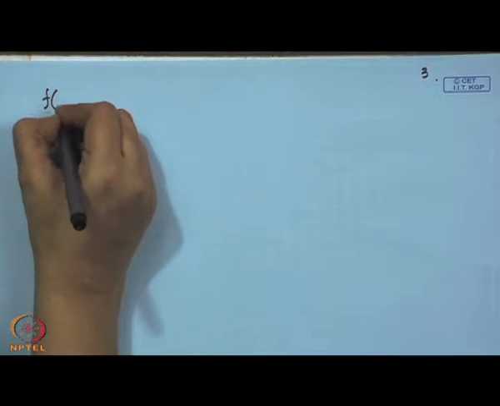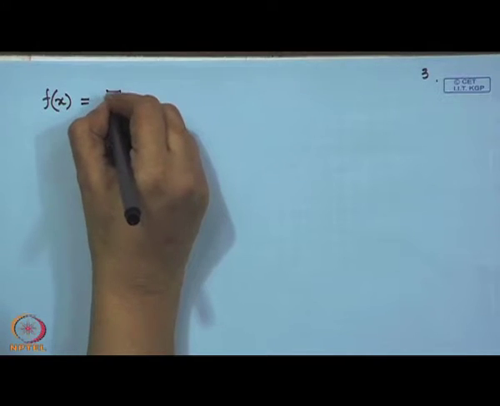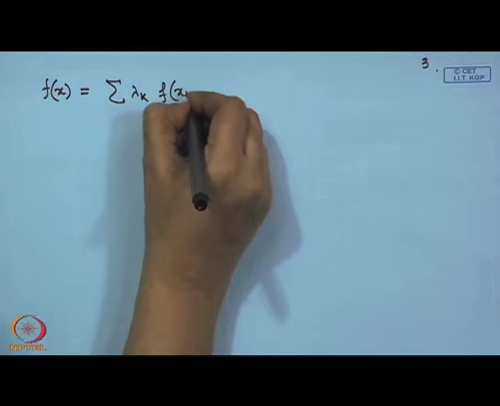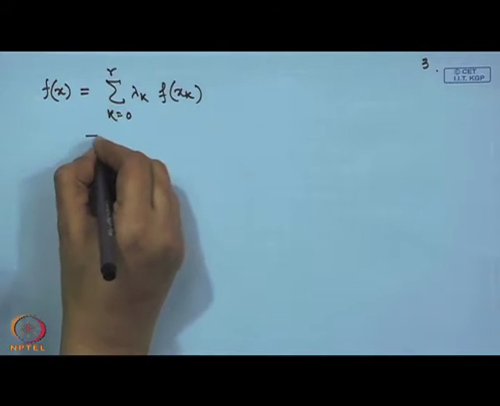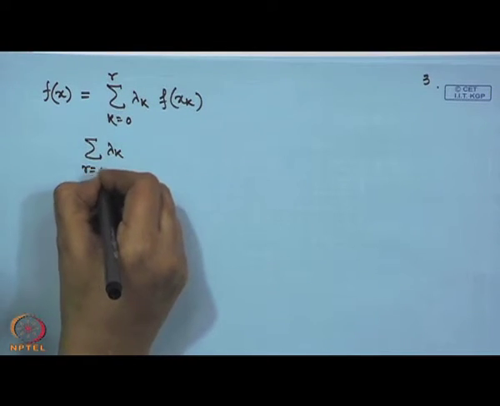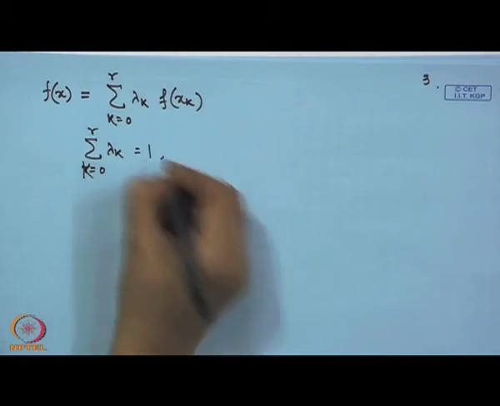for the r plus 1 number of grid points, and we can write down the function f(x) as summation lambda_k f(x_k), k is equal to 0 to r, where the summation of lambda_k, that is from k equal to 0 to r, is equal to 1.